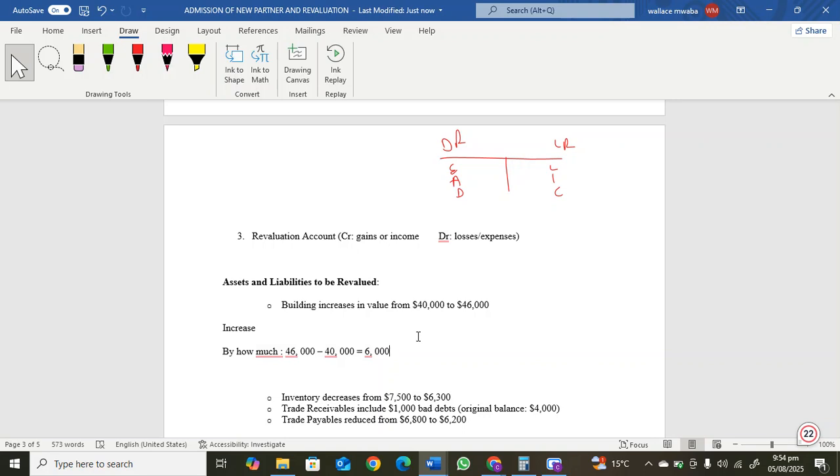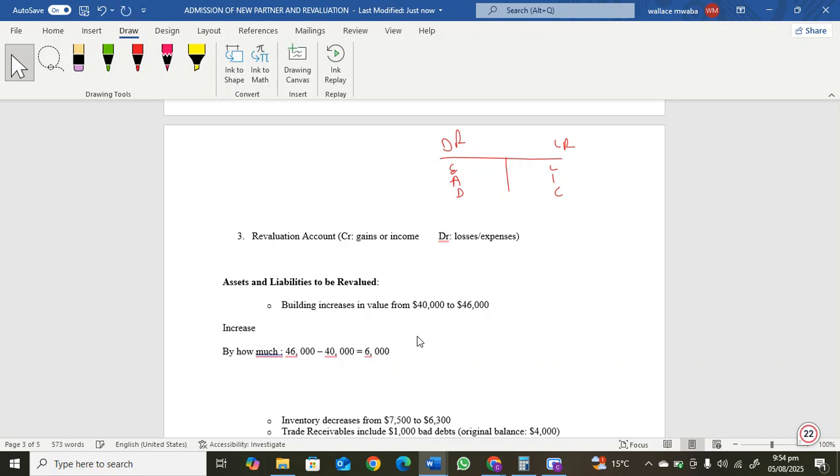You would credit the revaluation account, right? Then we debit the asset. Remember, assets increase with the debit. Just think of it like this. This is the buildings account. Initially, it is 40,000. So there's been an increase of 6,000.